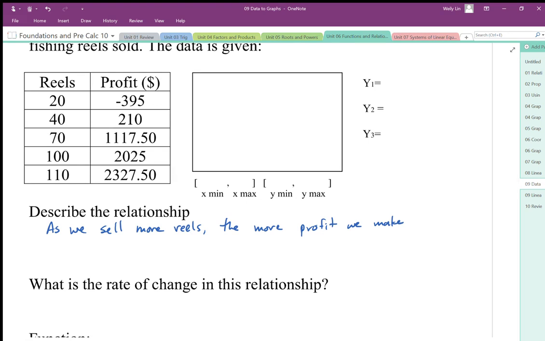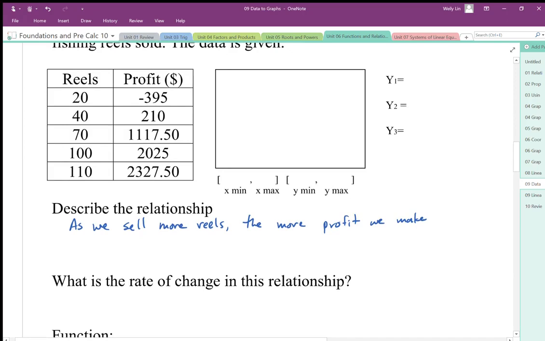One is the rate of change, which relates to slope. I'm going to find my rate of change on the outside of the table here. As I increase the number of reels by 20, going from 20 to 40 reels, I increase my profit by, let's see, I'm going to subtract 210 minus negative 395.